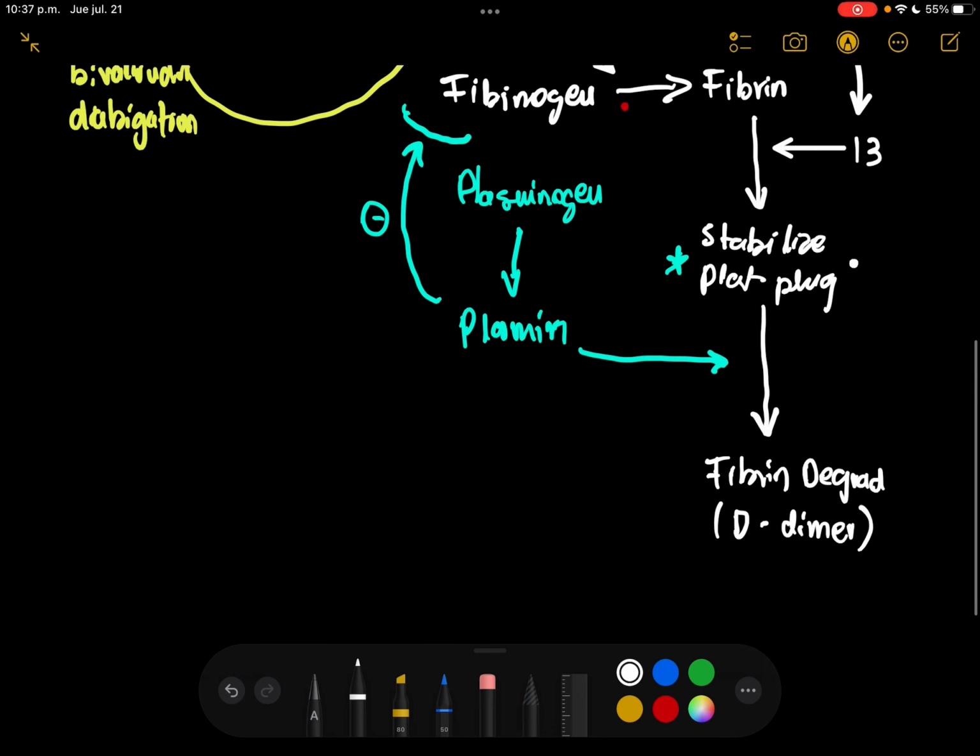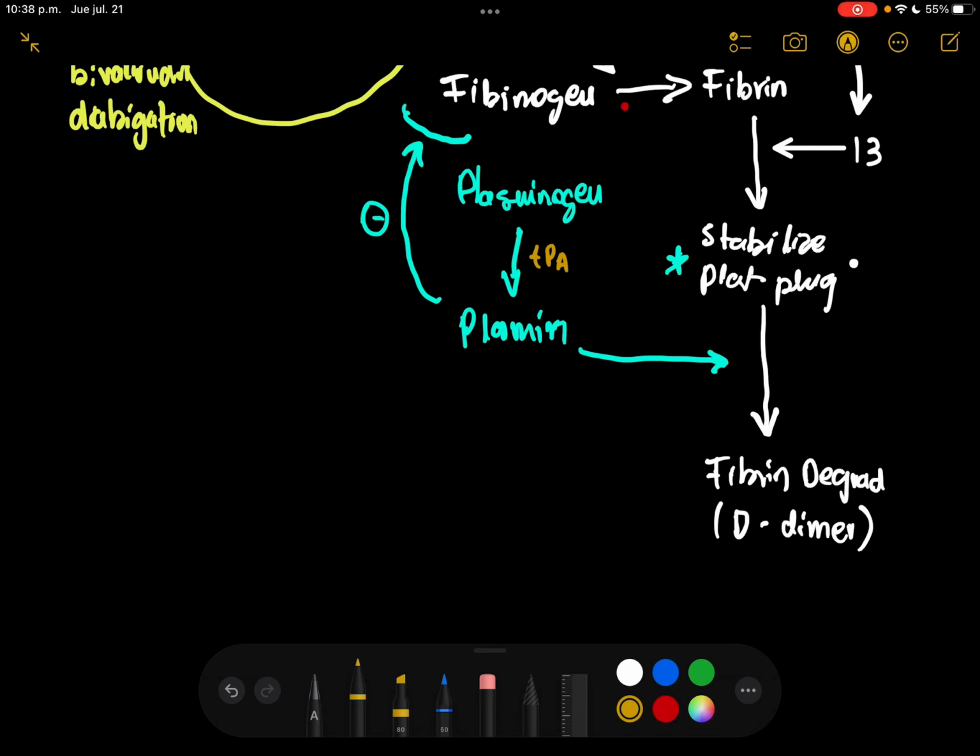Okay. So plasminogen converts to plasmin, but by an important enzyme that we're going to call TPA. And TPA is the target of really important medications.